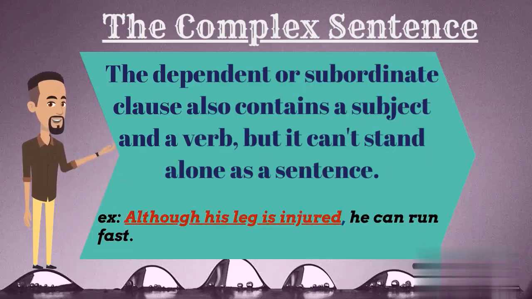Look at the example again. Although his leg is injured, this is a dependent part. It has a subject, it has a verb, but it can't stand alone. It doesn't have a meaning.